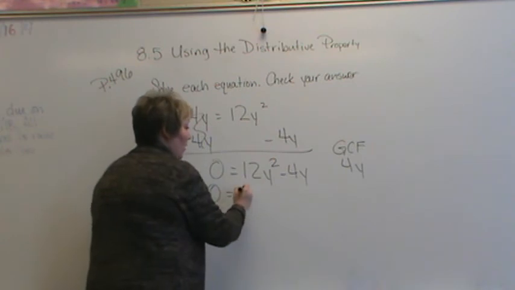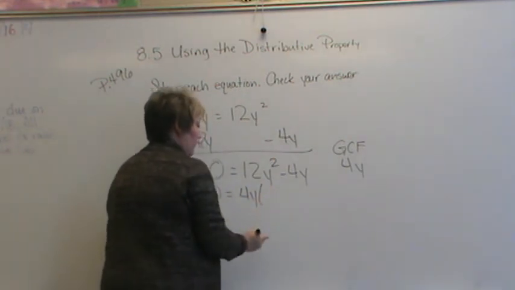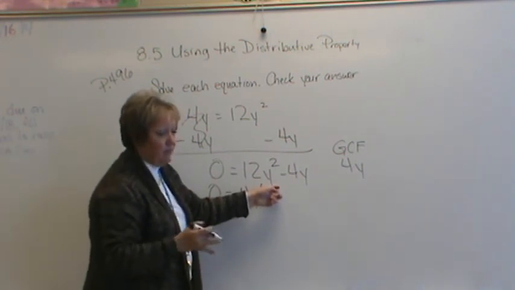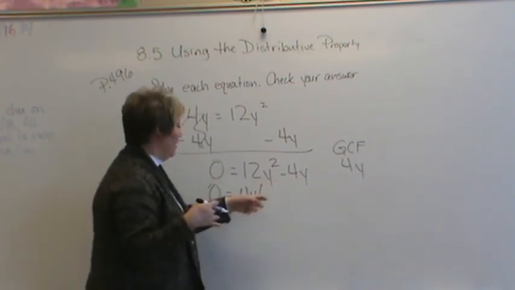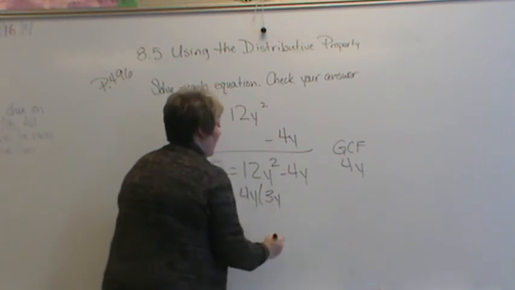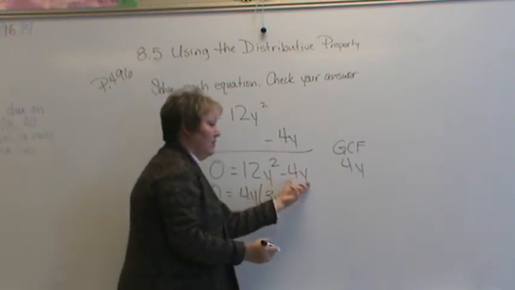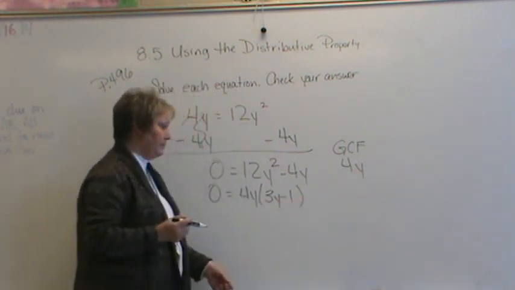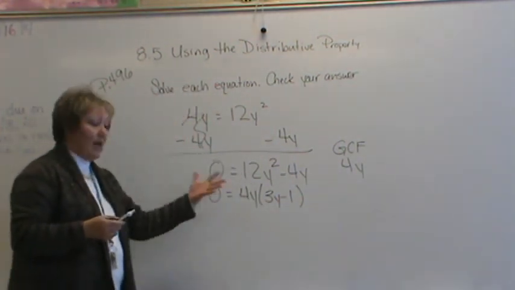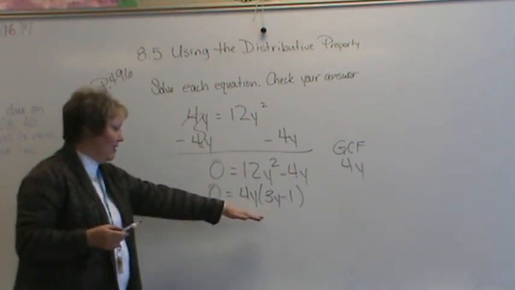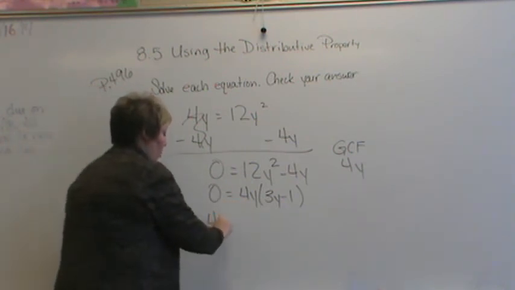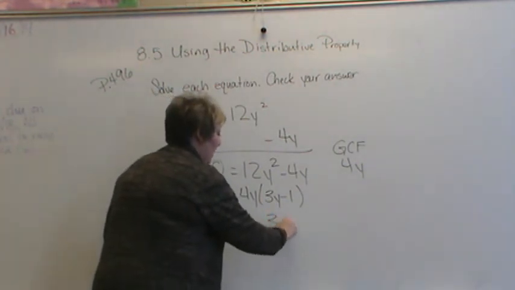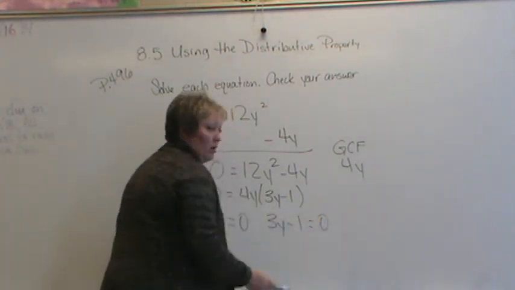So I have 0 equals 4y. 4 divided into 12y squared, or undistributing, would be 3y. 4y goes into 4y one time. Now, same thing I did in the previous problem, I'm going to say 4y equals 0. And I'm also going to say 3y minus 1 equals 0.